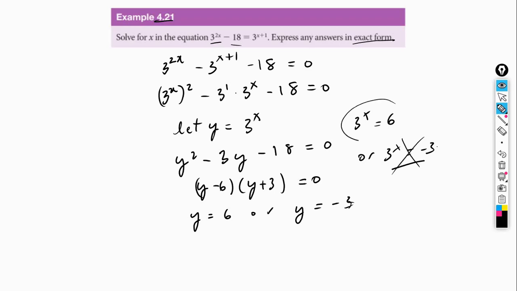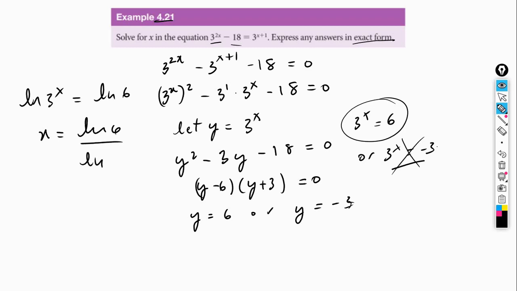We have to solve for this. So I'll work it out here on the left. Notice that I can go natural logarithm of 3 to the x is equal to the natural logarithm of 6. And then we have a solution, right? We know that x is equal to the natural logarithm of 6 over the natural logarithm of 3. And it says to express the answer in exact form. So we have to leave it like this.